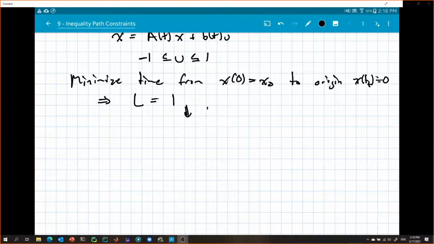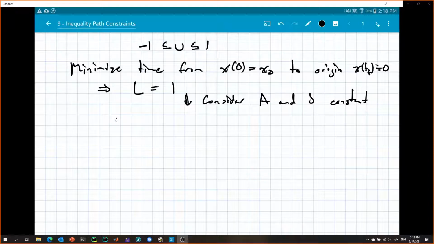Now, just for simplicity's sake, consider A and B constant. So the Hamiltonian is 1 plus lambda transpose times the dynamics.